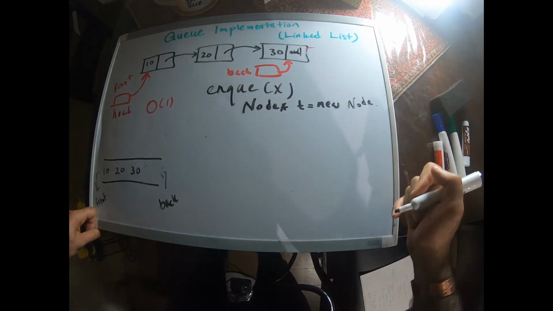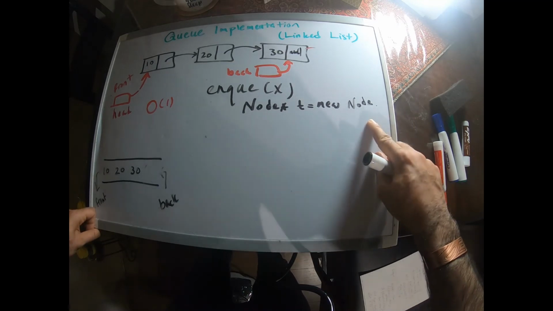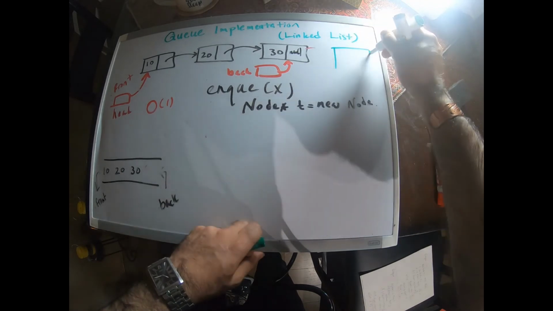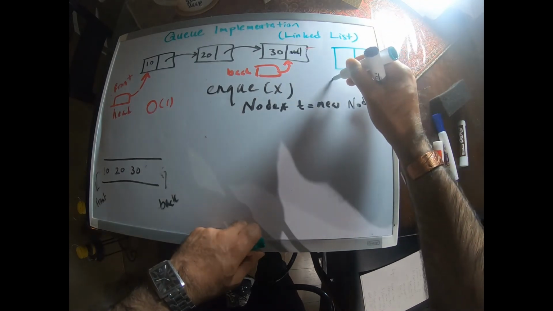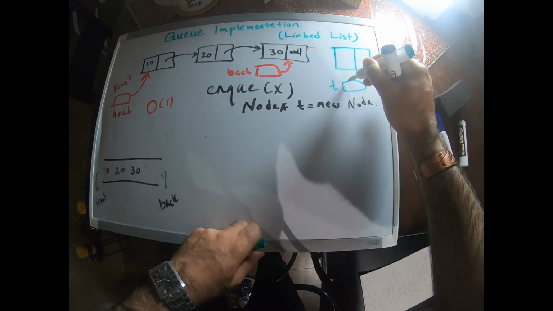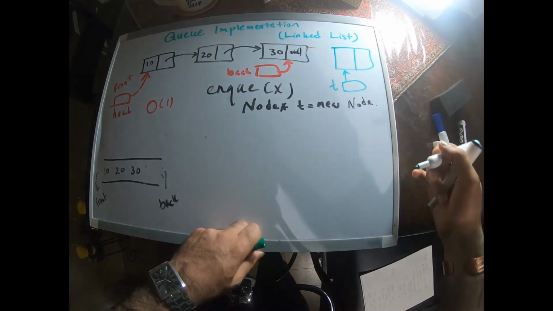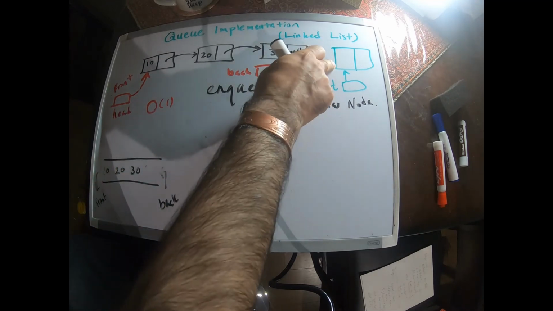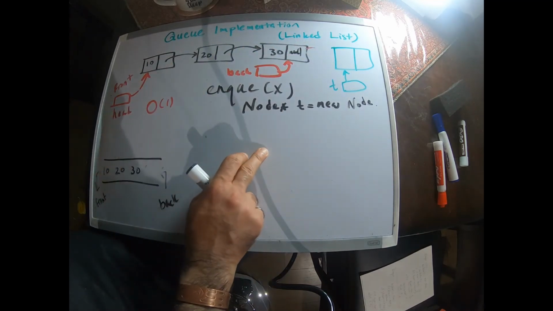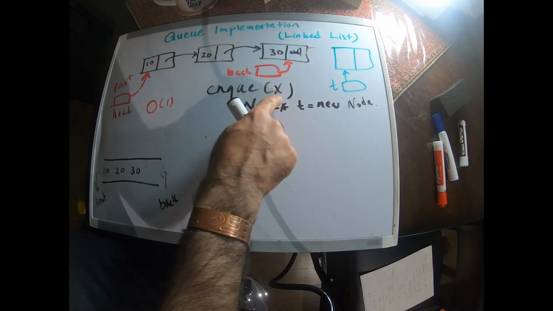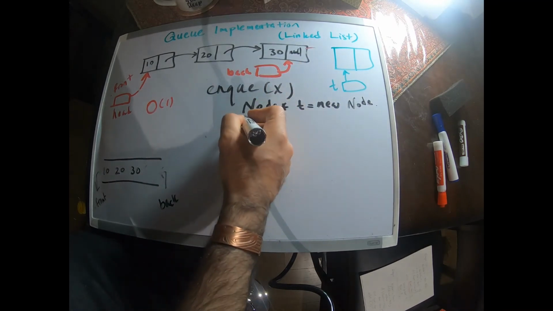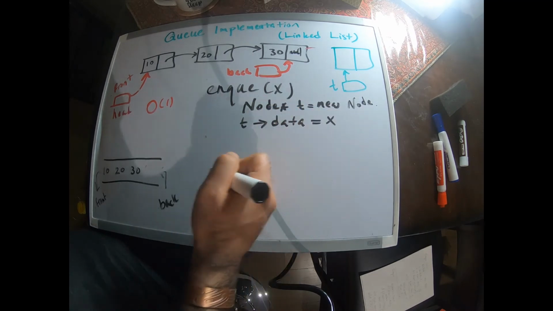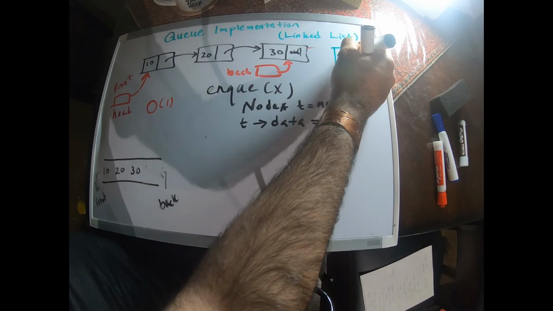Okay, so this is just the allocation. This is the temporary pointer t pointing here. So this is the node that we want to enqueue into the linked list, and we want the data part to be x. So t arrow data is equal to x. Let's say 40 is going to go here.